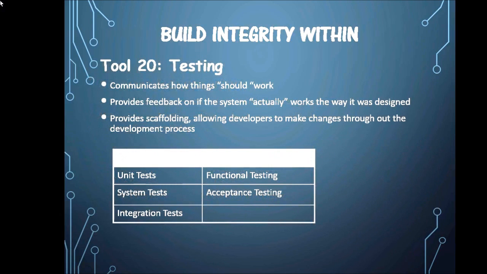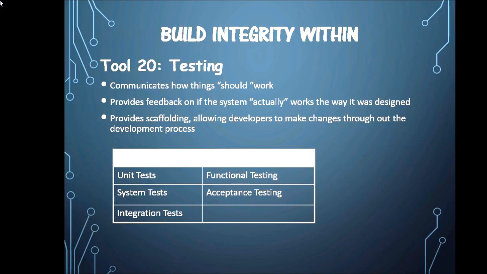The tool number 20, testing. Communicate how things should work. Provides feedback on whether the system actually works the way it was designed. Provides scaffolding, allowing developers to make changes throughout the development process.